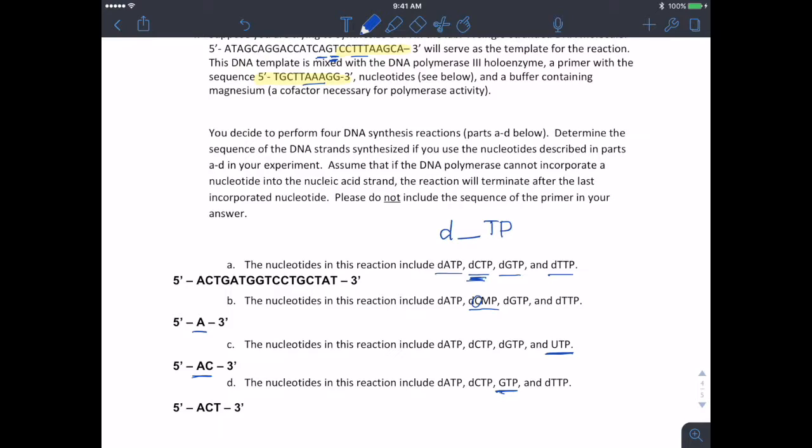We're fine here with the dTTP, and it looks like we run into that C base on the 3rd base there. So we're only going to be able to synthesize the T, C, and the A, which is going to give us the complementary strand of ACT.